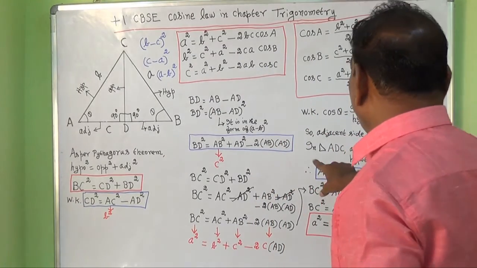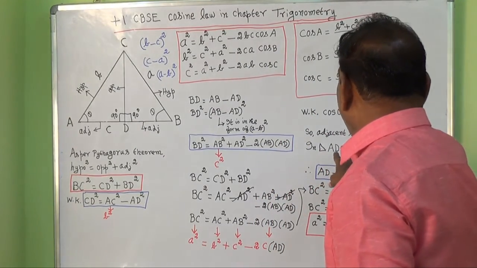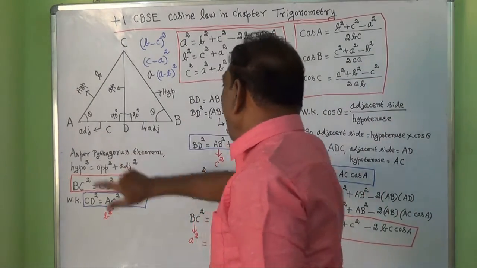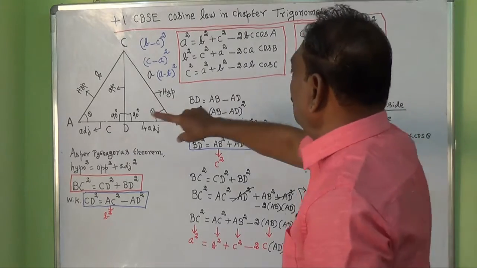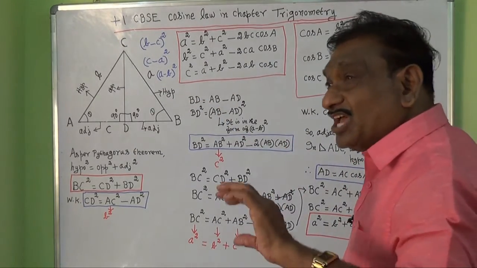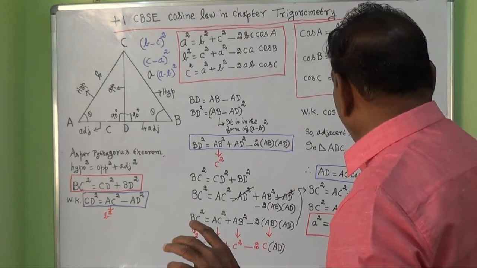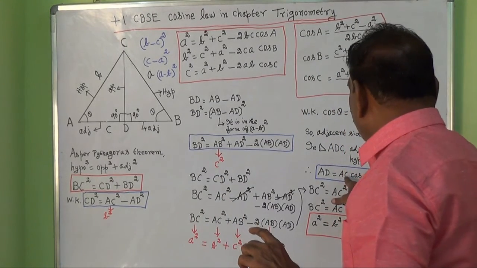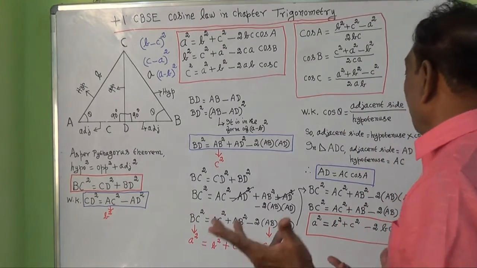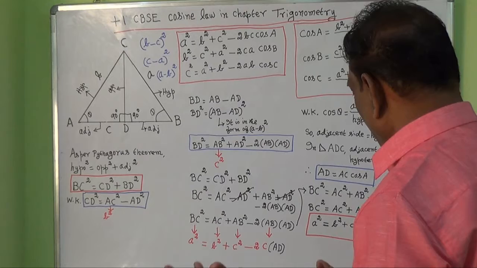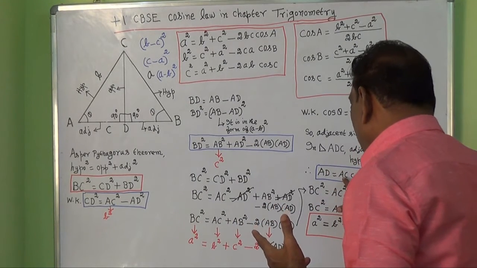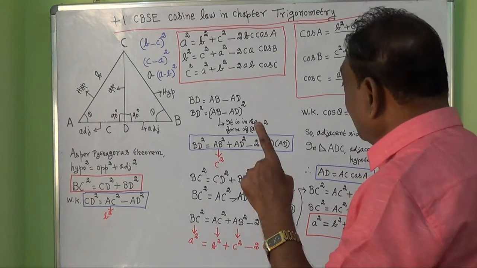Then coming to right angle triangle ADC, the adjacent side equal to AD and the hypotenuse equal to AC. So let us write AD equal to AC into cos A. Yes, we can write AD equal to AC into cos A. This AD is the adjacent side, this AC is the hypotenuse, the angle A is taken.